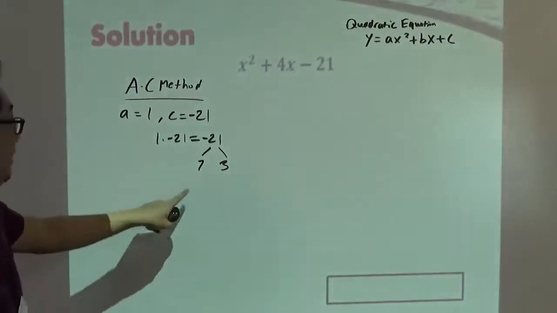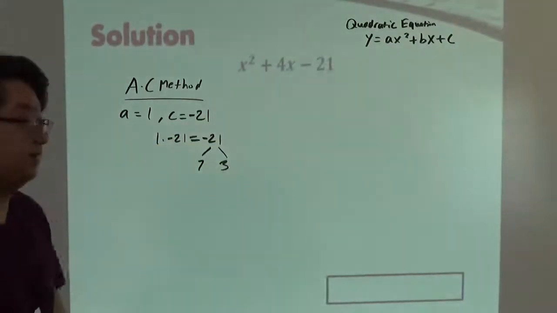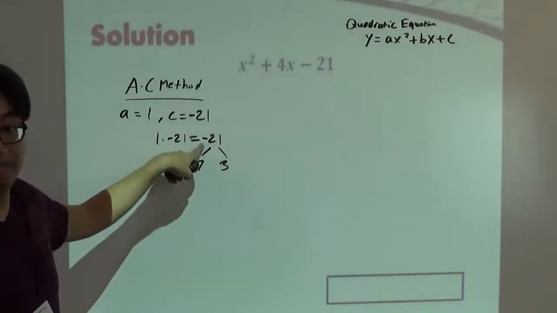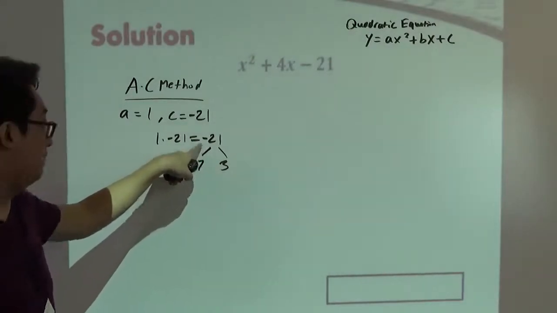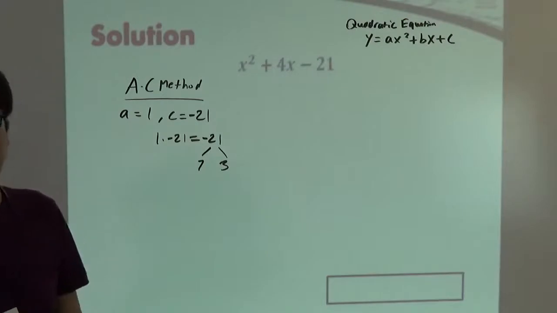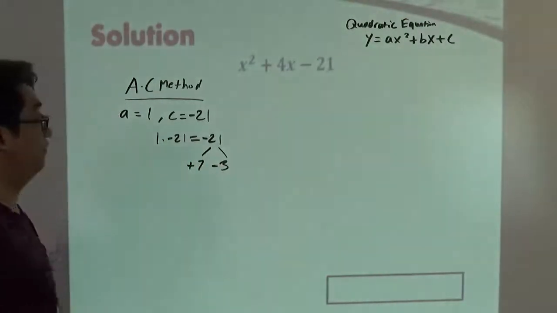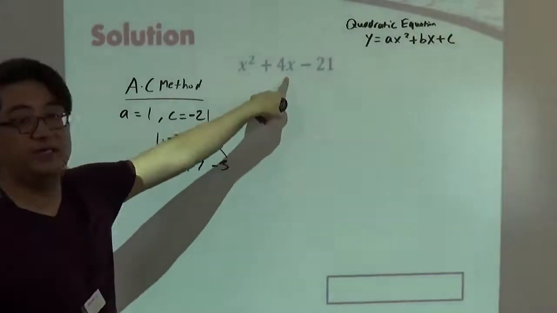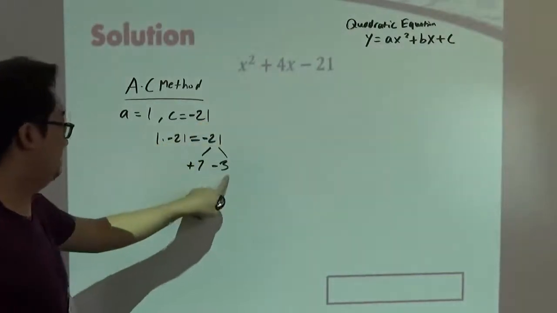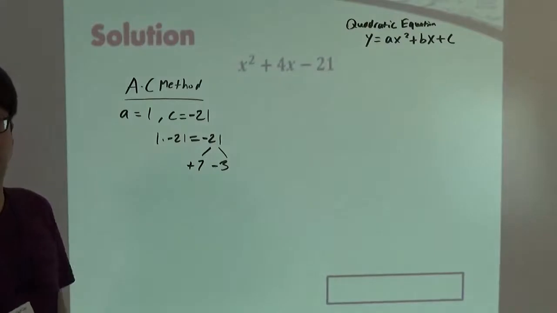We need them to add up to 4x, and the product is negative, so one has to be positive and one negative. In this case, it should be a positive 7 and a negative 3, because 7 minus 3 gives me 4, and 7 times negative 3 gives me negative 21.